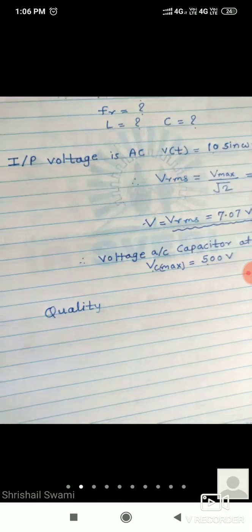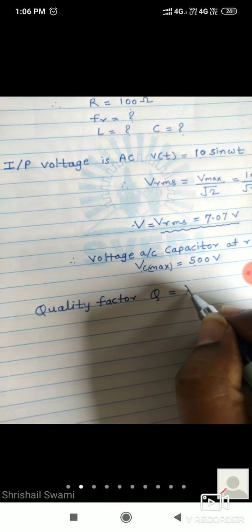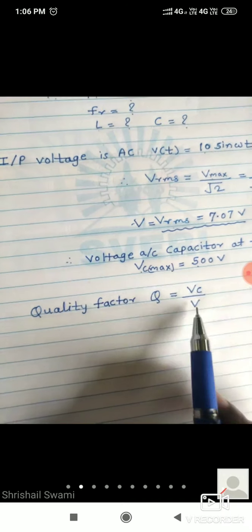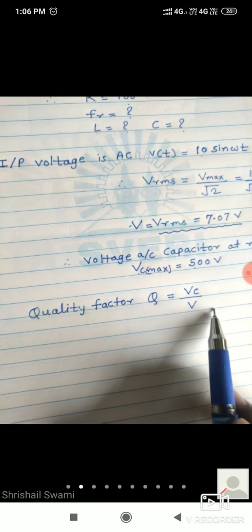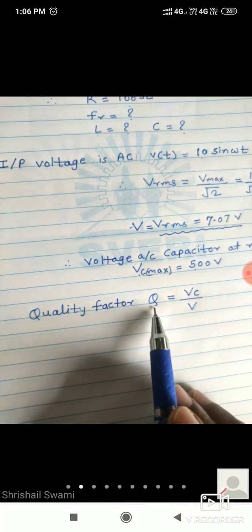Okay. So quality factor is nothing but magnification. Right. So quality factor is nothing but Q is equal to voltage across capacitor divided by total voltage, or voltage across inductor divided by total voltage V. Whatever you can use, you can find out the Q value.